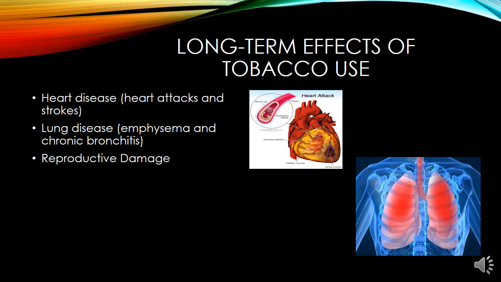Long-term effects of tobacco use are heart disease, heart attacks and strokes, lung disease with emphysema and chronic bronchitis, and reproductive damage. Tobacco use remains the single largest preventable cause of death and disease in the United States.